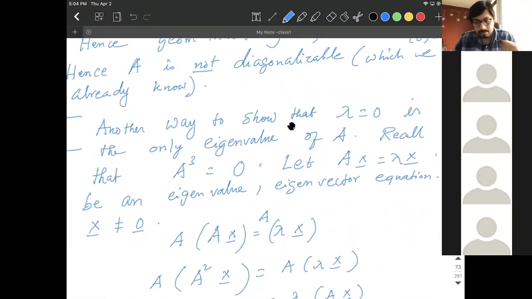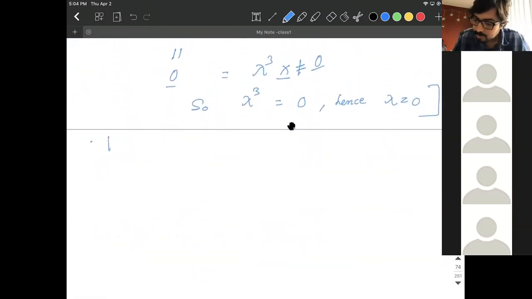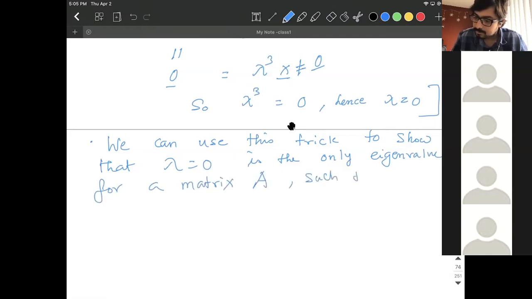So let's say for any natural number n, we can use this method or this trick to show that lambda equals 0 is the only eigenvalue for a matrix A such that A to the n equals 0 for some n greater than or equal to 1.